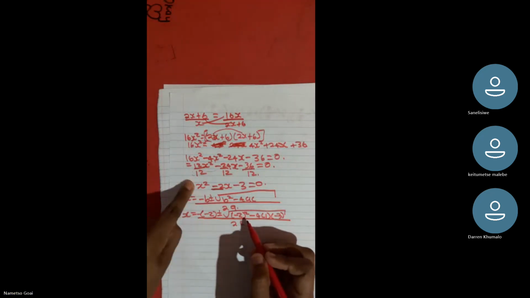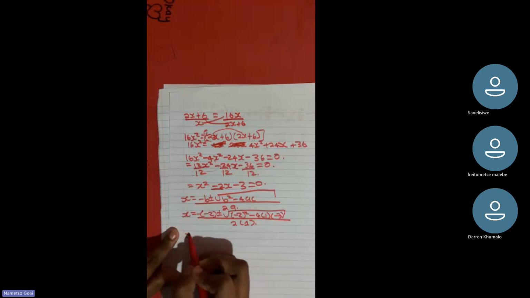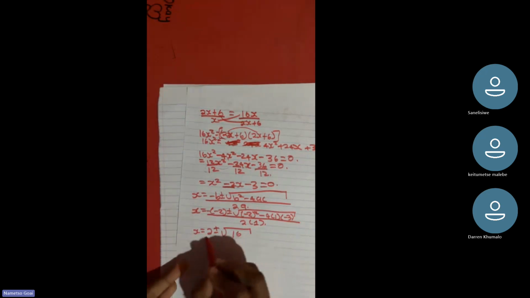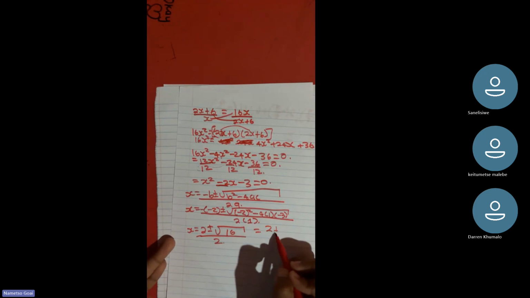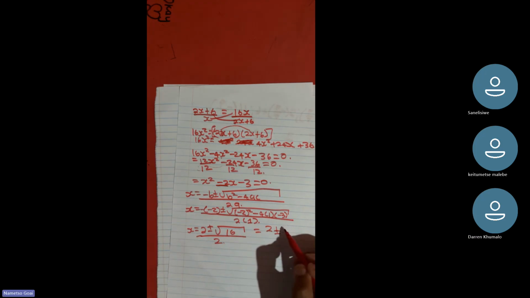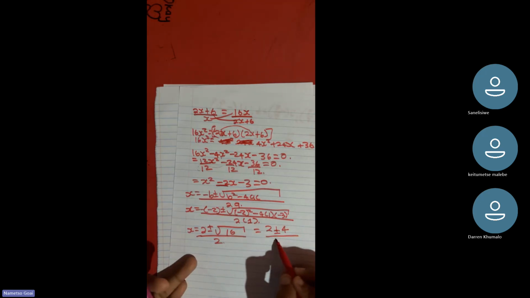So x equals 2 plus minus root of negative 2 squared minus 4 into 1 into negative 3, which gives you 16, all divided by 2, which is so nice to work with because root 16 is 4. So 2 plus minus 4, divided by 2. When you take this, punch it all into your calculator.